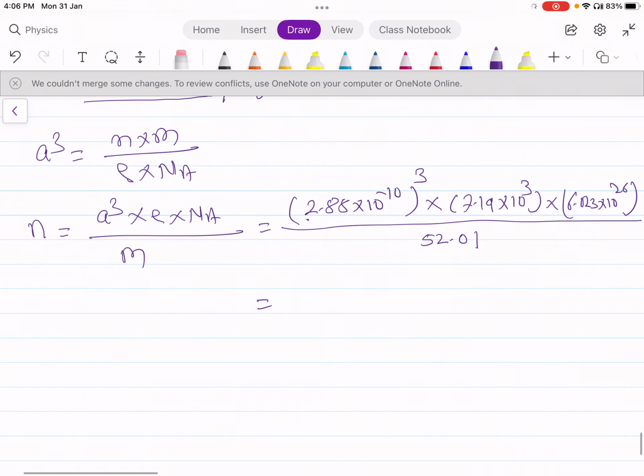Now the cube of this 2.88 is 23.89 into 10 to power minus 10.